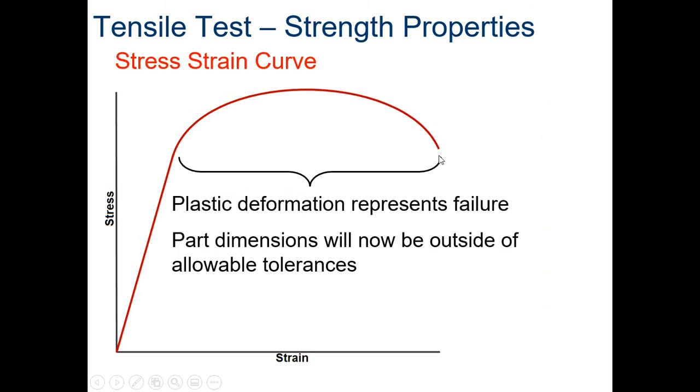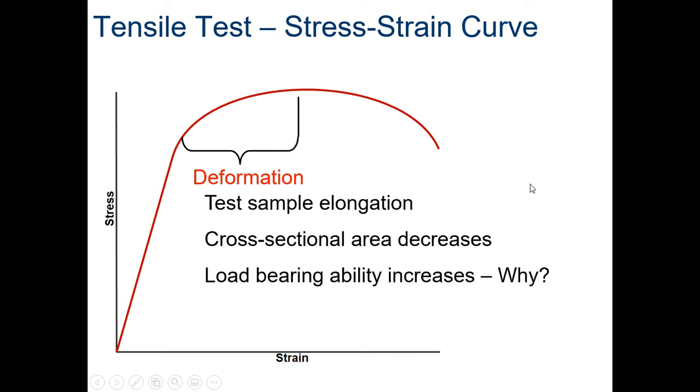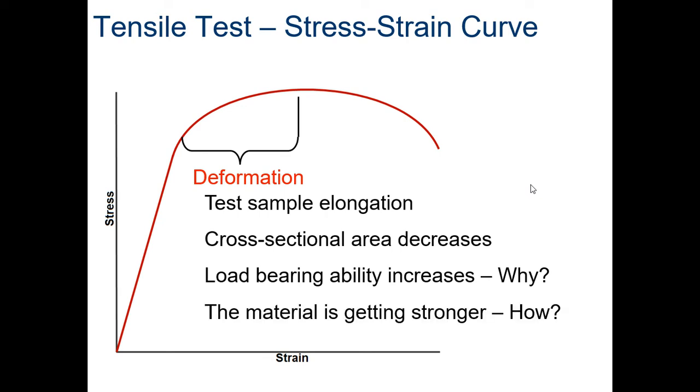And then you've got failure at the end. So with deformation on your test sample, your cross-sectional area decreases, but it's still holding on tight. It's still able to hold the load because you're deforming it. Is the material getting stronger?